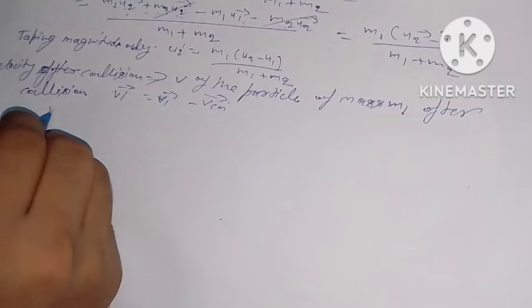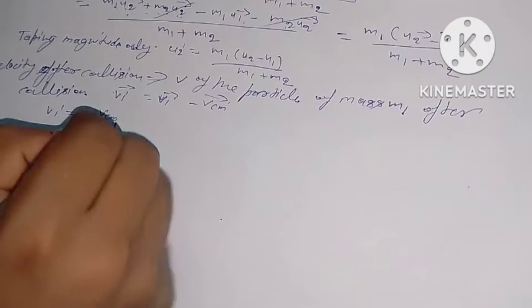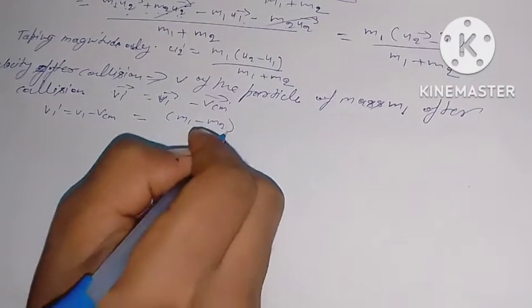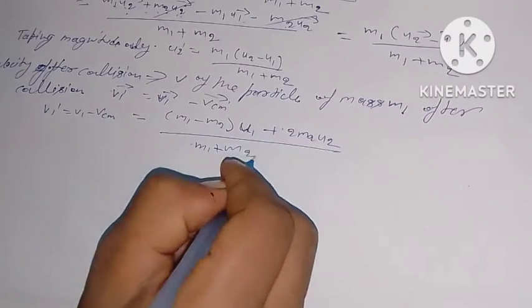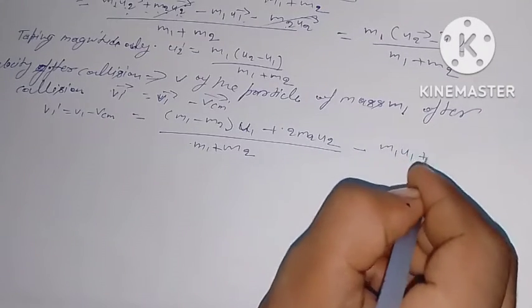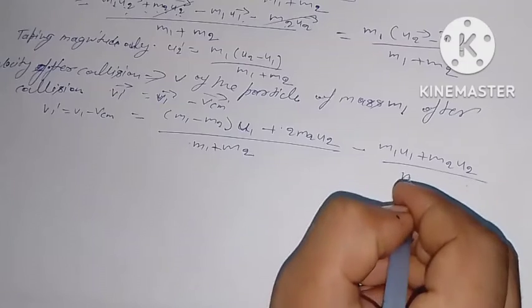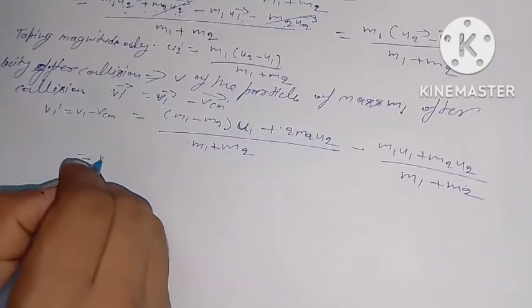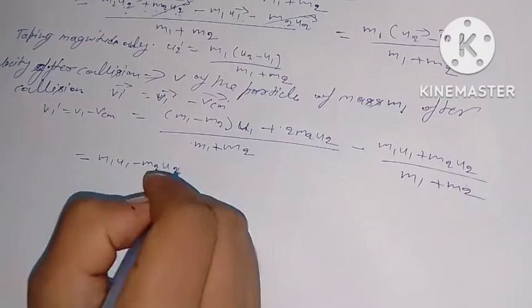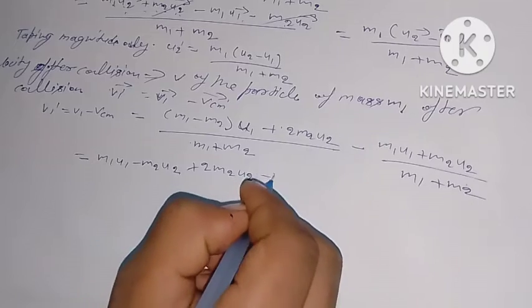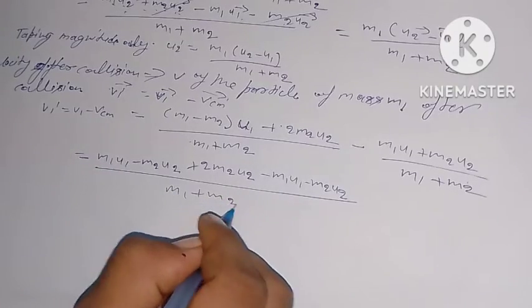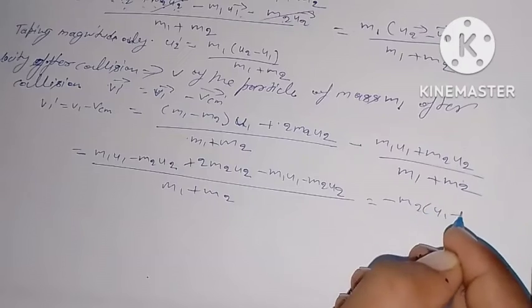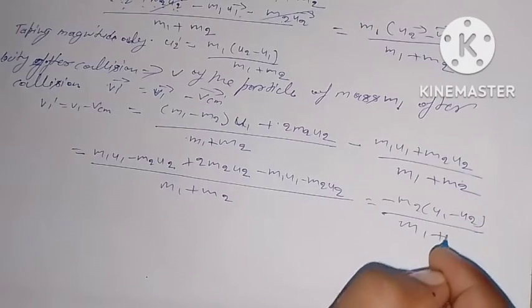Then v1 dash equals v1 minus V center of mass, equals m1 minus m2 u1 plus 2 m2 u2 whole upon m1 plus m2 minus m1 u1 plus m2 u2 whole upon m1 plus m2, equals m1 u1 minus m2 u1 plus 2 m2 u2 minus m1 u1 minus m2 u2 whole upon m1 plus m2, equals minus m2 u1 minus u2 whole upon m1 plus m2.